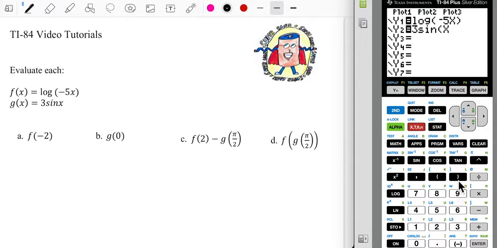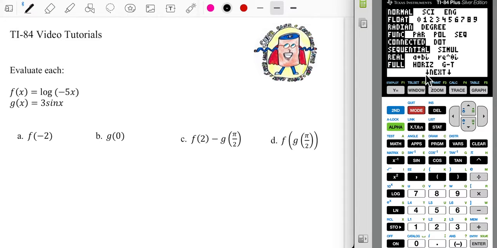Now just sneaking a peek at some of the questions here, I see that the g functions have 0, pi over 2, and so that's telling me that I should be in Radian mode. So I go to mode, and I make sure that instead of saying degree, it says radian. While I'm at it, I also take a look at some of the other settings.